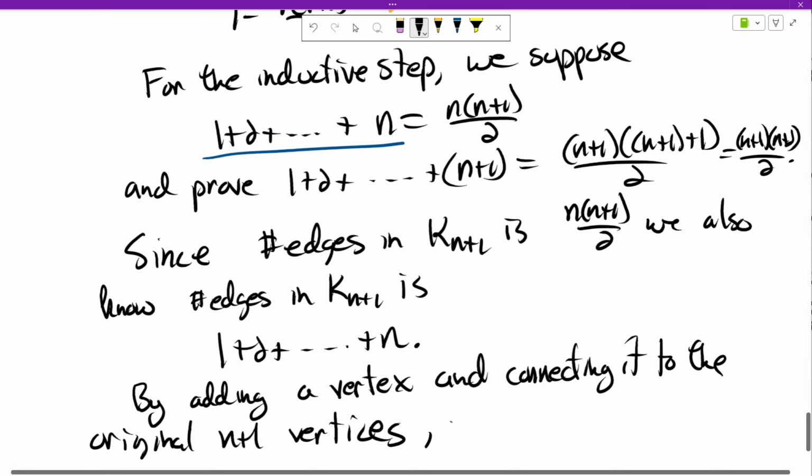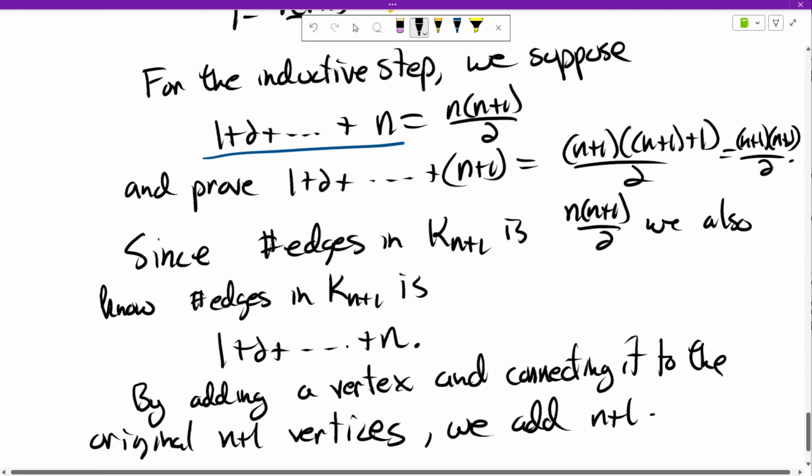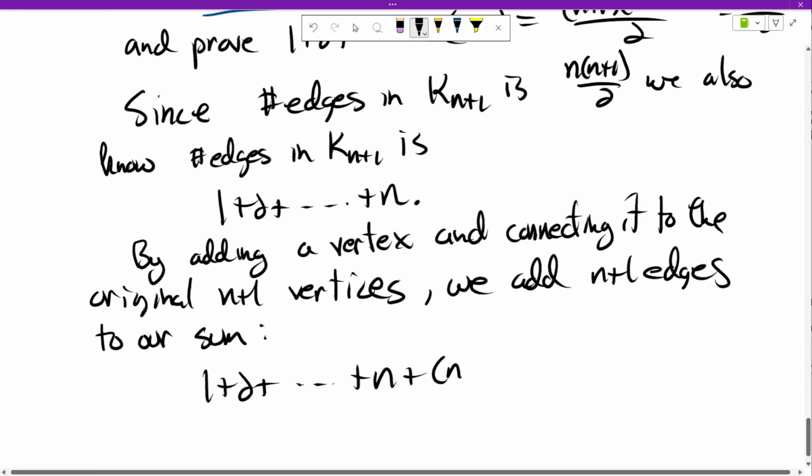Well, we have to take that vertex and connect it to n plus 1 vertices. We have to add n plus 1 edges to our sum. Scroll down a bit more. So when we add a vertex and connect it to all the other n plus 1 vertices, we get that number.